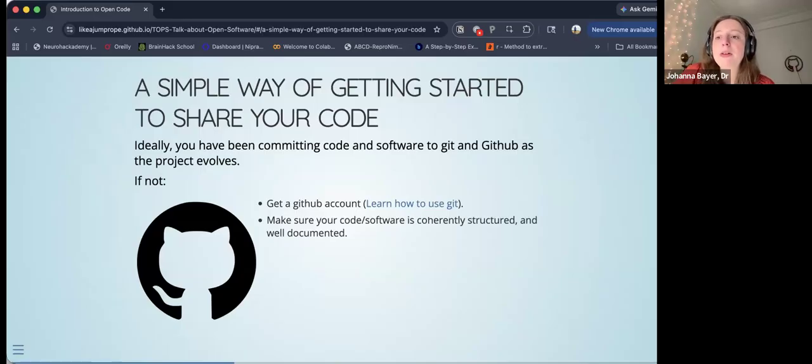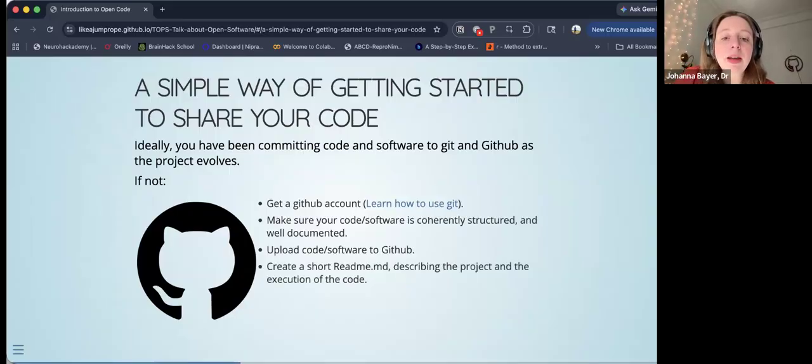If you commit or share code, it's good to at least try to make it well structured and well documented. Although, like I said, sharing the code is better than not sharing in any way. You can upload it to GitHub and create a short README describing the project and the execution of the code. I'm going to talk about that later as well.